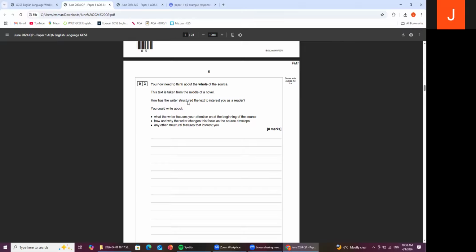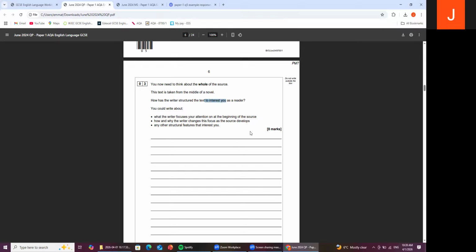So, how has the writer structured the text to interest you as a reader? Now, for the 2026 exam, the wording of this statement will change. It will change to something like, how has the writer structured the text to build tension or to build suspense? It will be specific because here it says to interest you. Well, it's quite vague, really, isn't it?